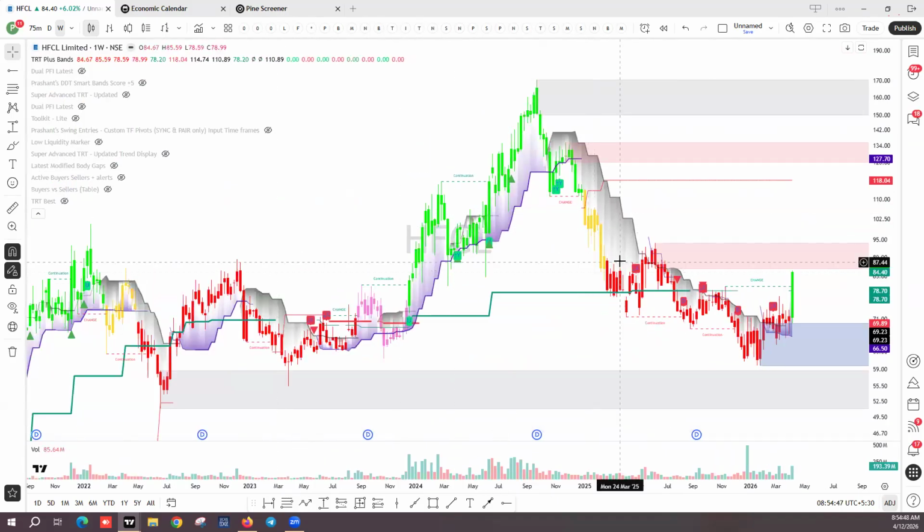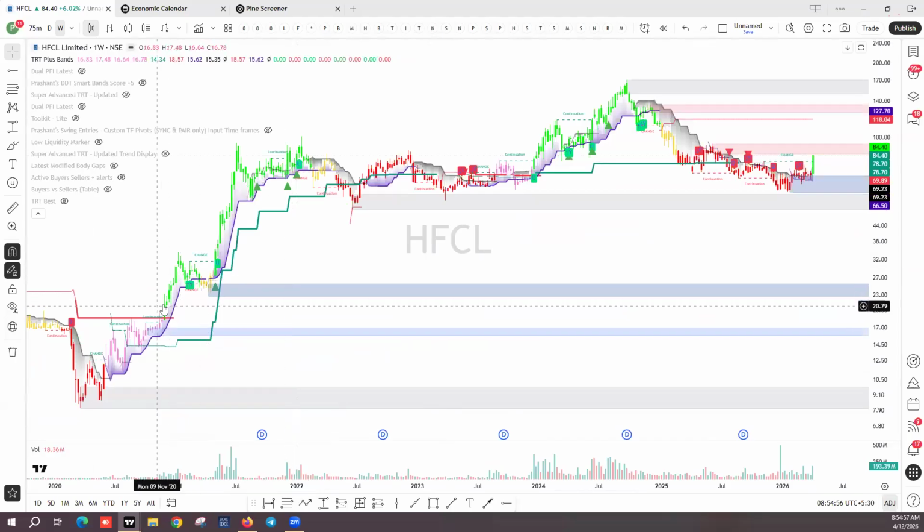It ultimately came down, became red. How much was this up move? 82 to 168, 100%. This one, 20, turned red to 67, 62. So 300%. Again was 200%. It went from 20 to 60.